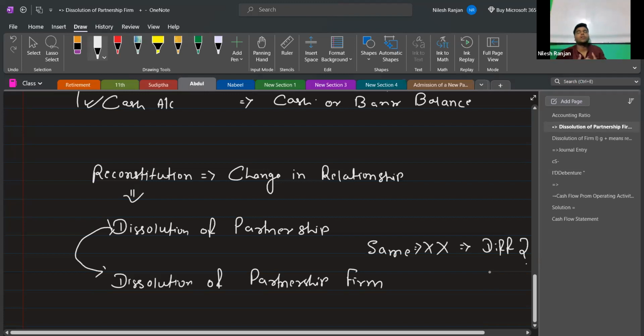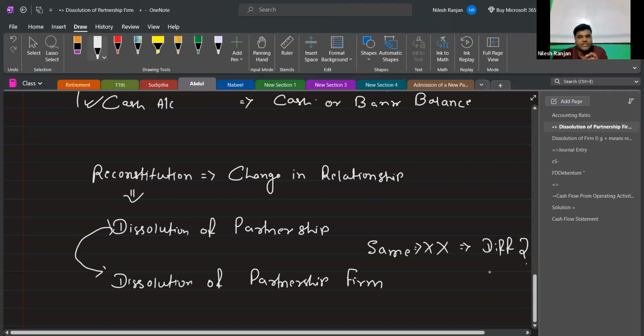So we are closing our business, so we don't have to maintain any balance in any of the accounts. We have to close all the accounts because we are closing the business. In reconstitution, admission, retirement, death, we adjust some of the items in our capital account and balance sheet.